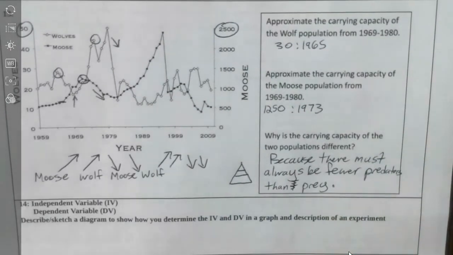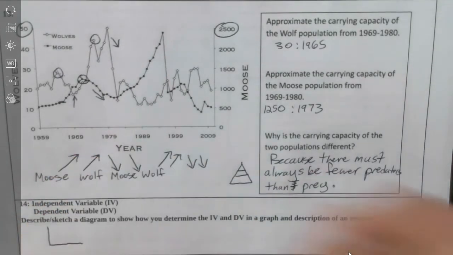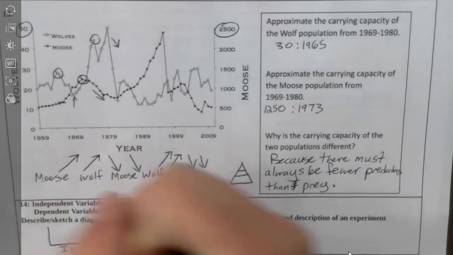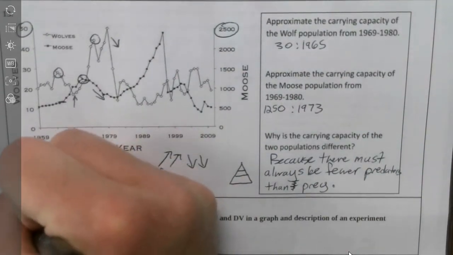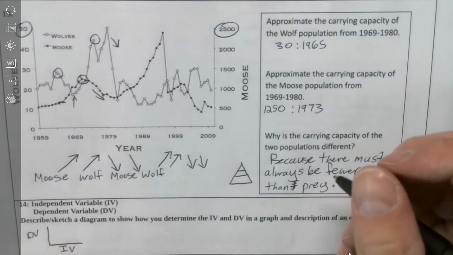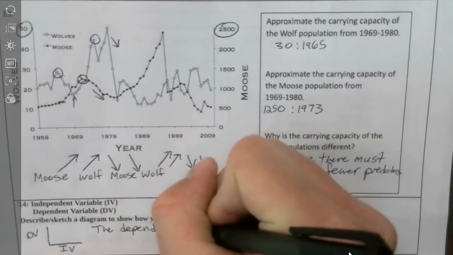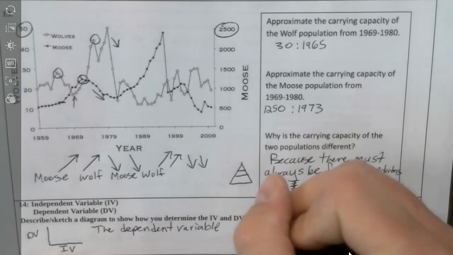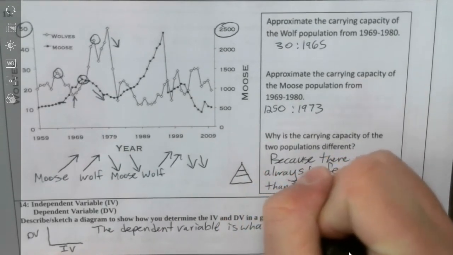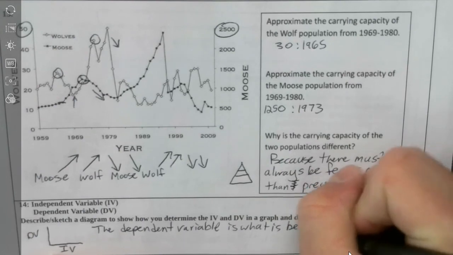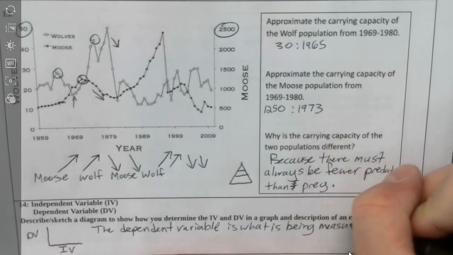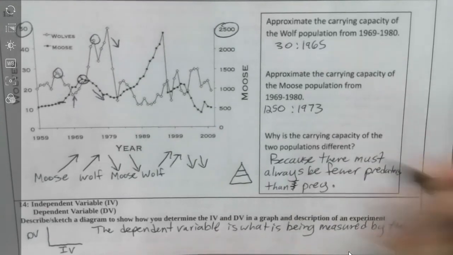Okay. All right, so last but not least here. This is kind of going back to what we talked about first this semester, talking about dependent versus independent variables. So when you're looking at a graph, remember the independent variables are usually going to be on the x-axis. Dependent variables are usually going to be on the y-axis. And we need to remember that the dependent variable is what is being measured by the experimenter.